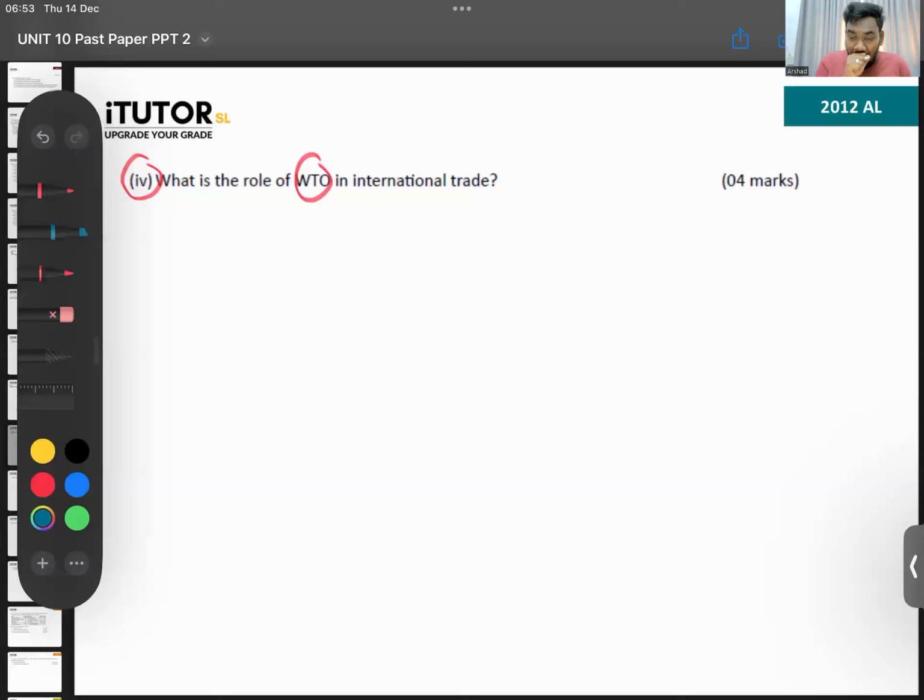What are the roles of the World Trade Organization? They provide a forum for trade negotiations. So they provide the platform for any sort of trade negotiation. They get countries together, get them to negotiate with each other.